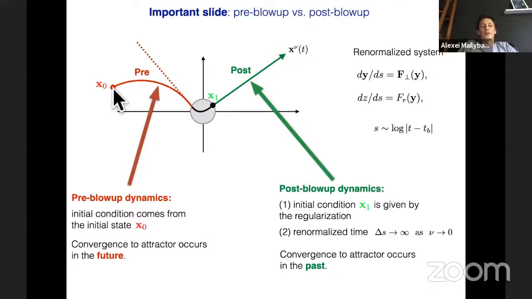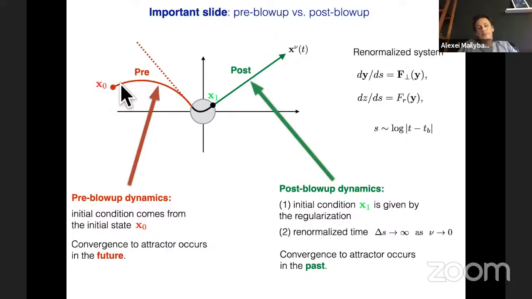So let's recall the last lecture. We start with some initial condition, and we have this rescaled system, which describes the behavior of the pre-blow-up dynamics. And this pre-blow-up dynamics is given by some attractor of the system, which describes the way our solution enters to zero, enters this small regularization range.